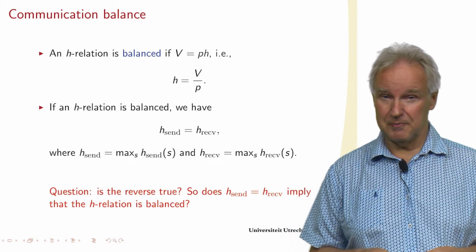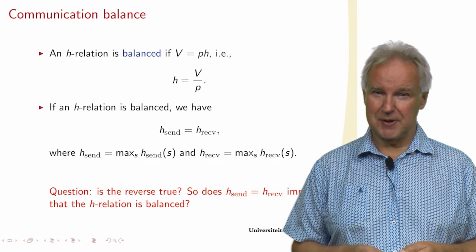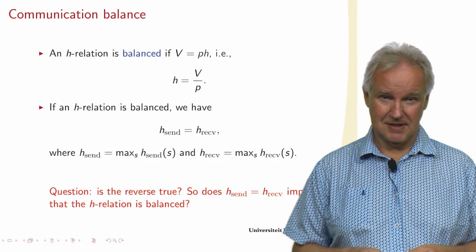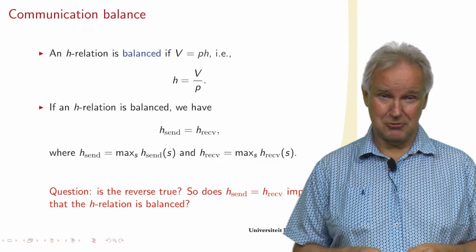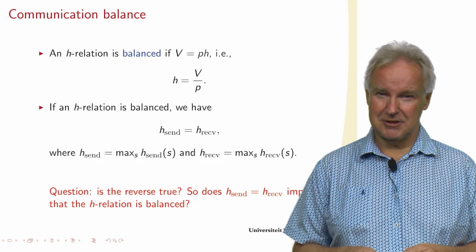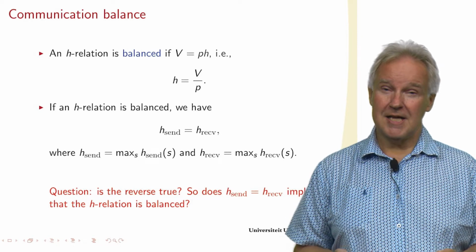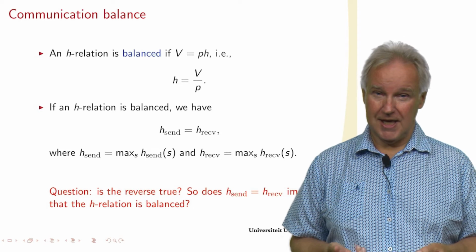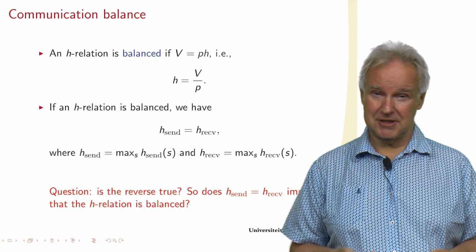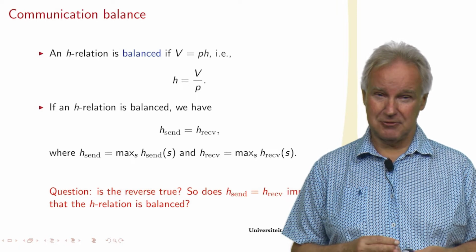Question to you: is the reverse of this statement true? So if we have H sent equals H received, then does it hold that the H relation is balanced? The answer is no. If we have an H relation that is balanced, we do get H sent equals H received.